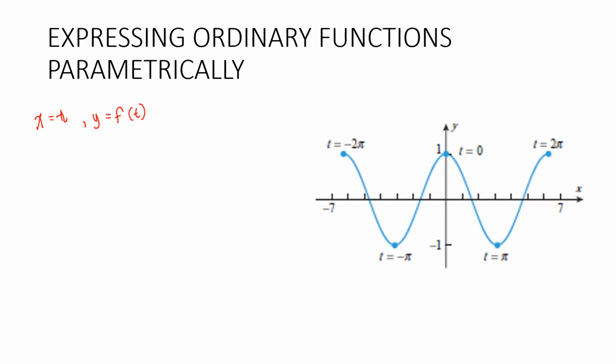So for example, the portion of the curve y equals cosine x over the closed interval negative 2 pi to 2 pi can be expressed parametrically as x equals t, y equals cosine t, for t greater than or equal to negative 2 pi but less than or equal to 2 pi.